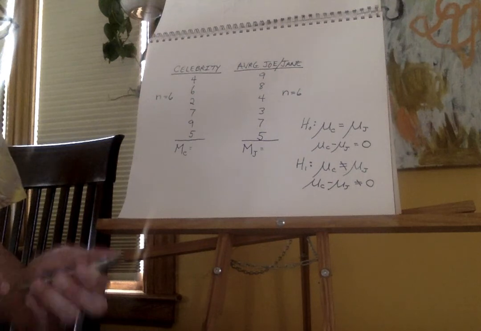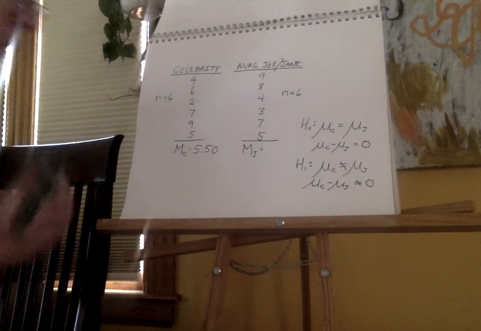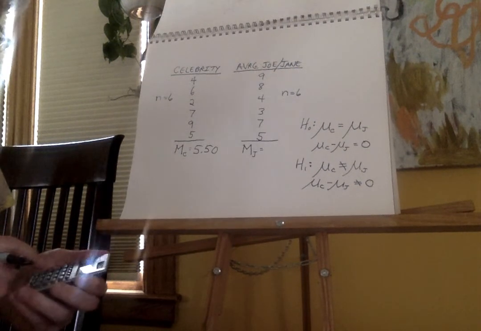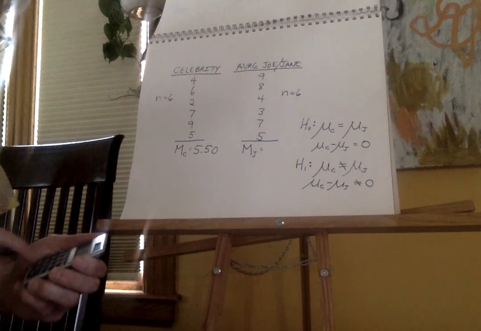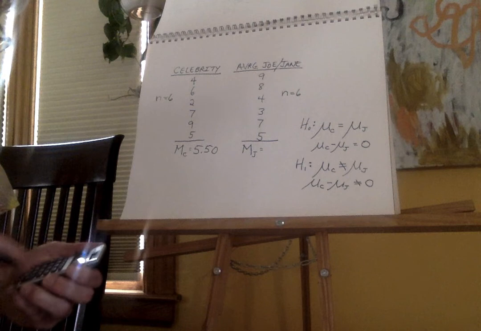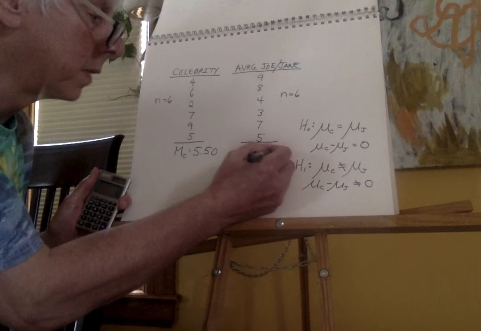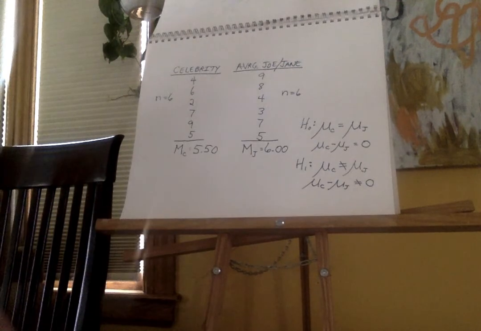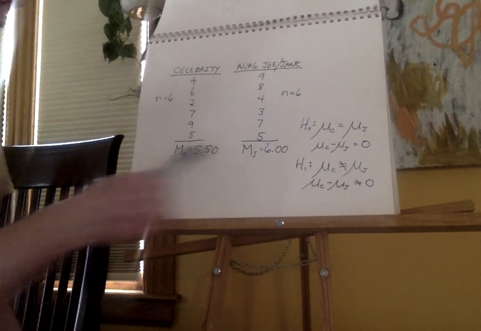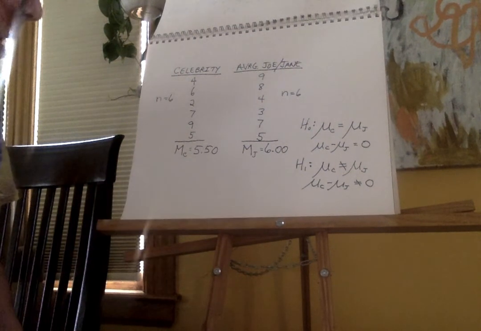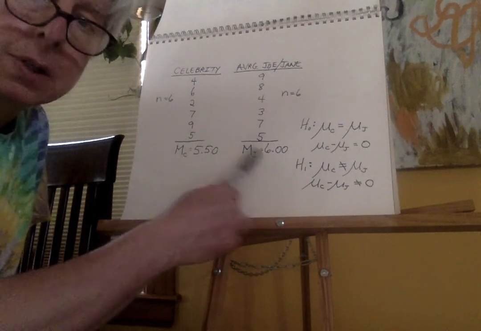I think I have a mean of 5.50 for this group, and 6.00 for this group. So I already know that the celebrity is not higher than this, just from the numbers. But I'm wondering if this is a meaningful difference, okay?